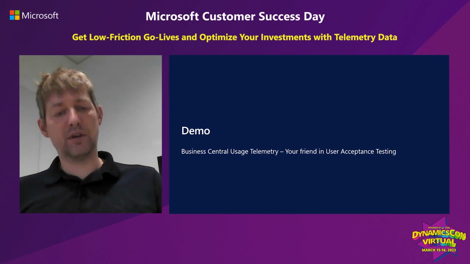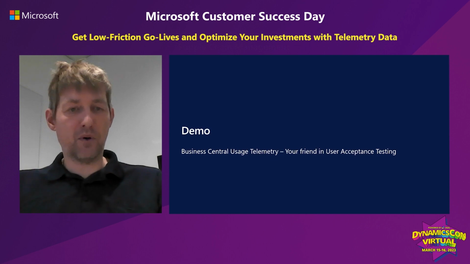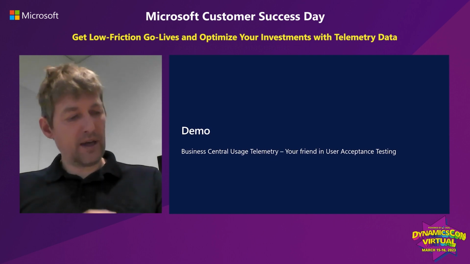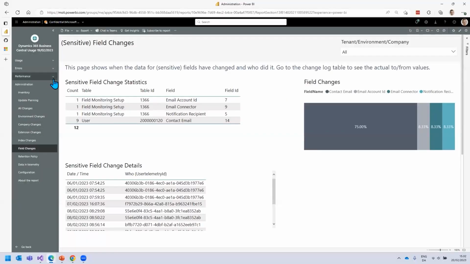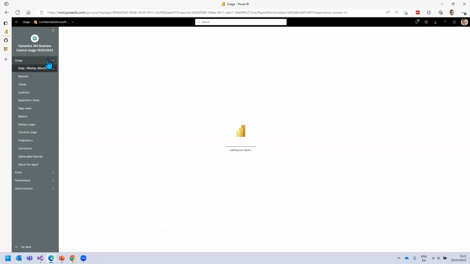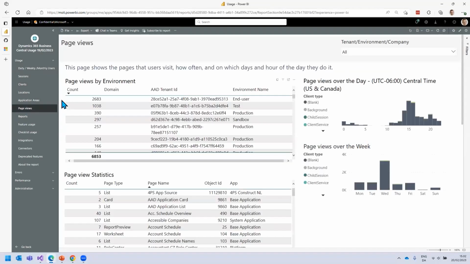So let's go back to the Power BI report on the usage report and look at a few scenarios here. I would just go back up to the usage report and dive into the first one, which is page views. Page views shows which pages in the client have been visited by users.